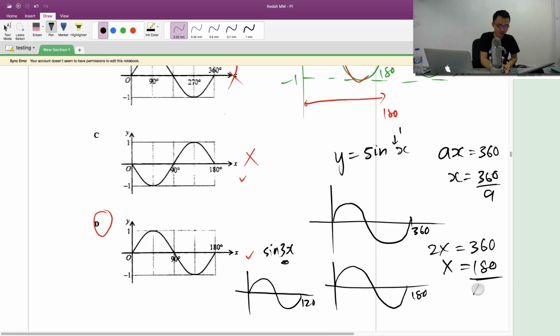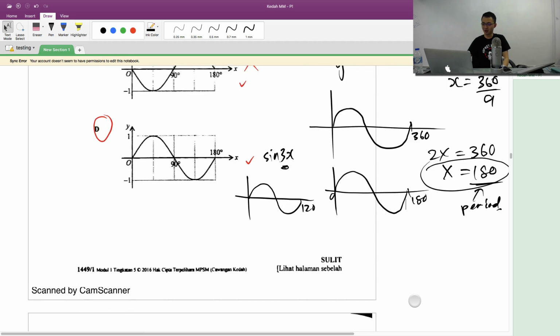This one we call period. Period means the sine x one cycle right now is 180. That means I will draw my graph from 0 to 180, then I will stop here for one cycle. If I want to draw another, I will continue drawing another 180. Okay, I hope I do answer your question, Sean.